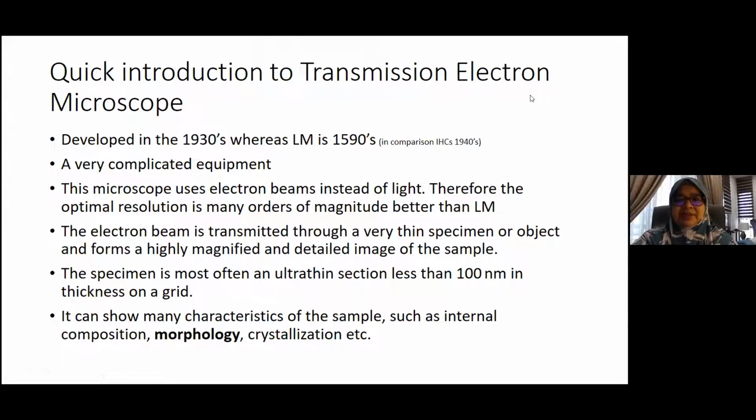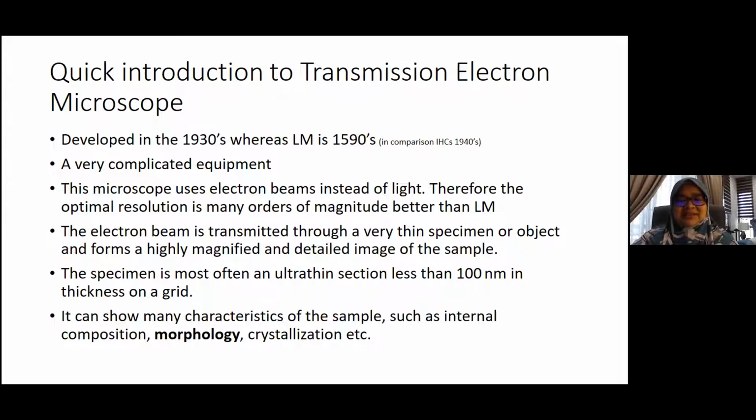As you know, I hope you know that there are various types of electron microscopies. For today's discussion and for the usage, mainly the diagnostic usage of renal pathology, we generally use transmission electron microscope. It has been established since the 1930s.